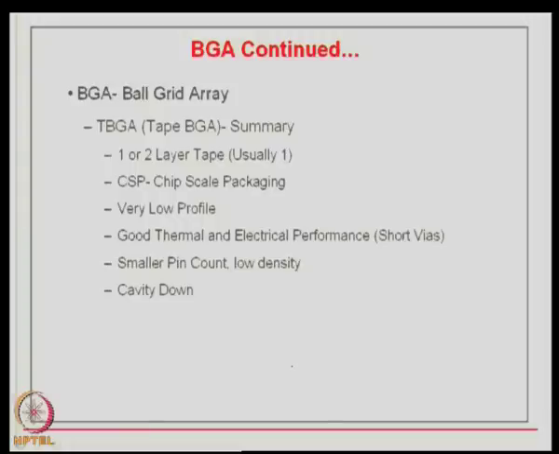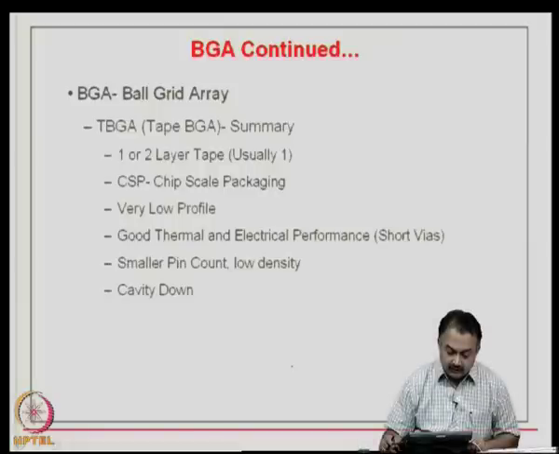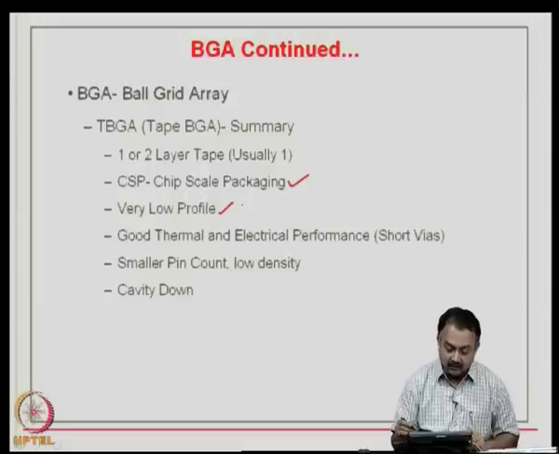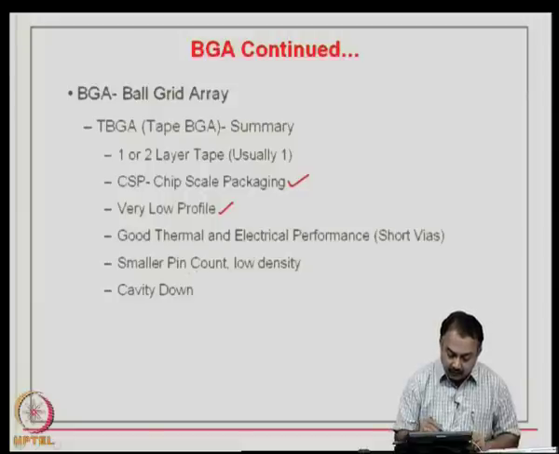There is also another classification called tape ball grid array. All of you know about tape automated bonding. Here this is basically a chip size package, very low profile, that means thickness is very small, smaller pin count and low density, cavity down.